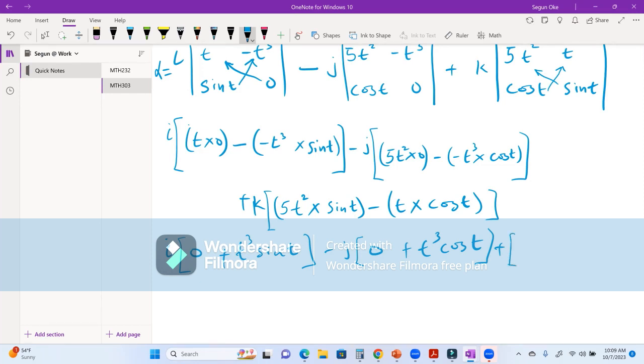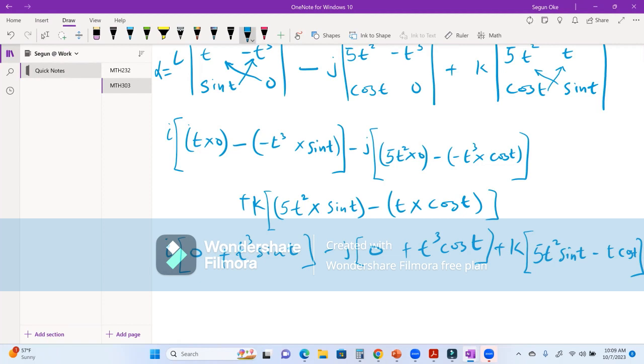Then the last one, plus k. k will be what? 5t squared sine t, minus t cos t plus t. Exactly.